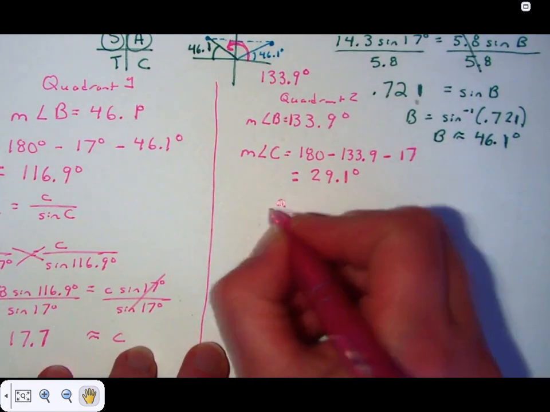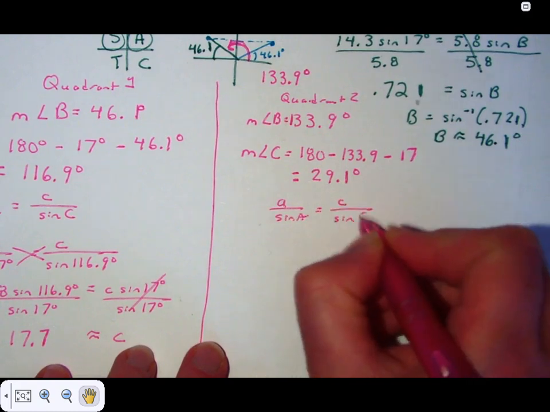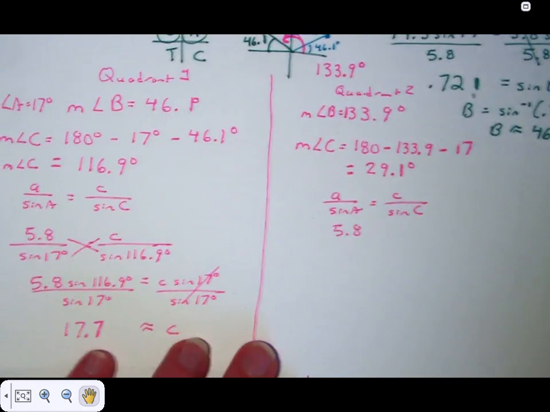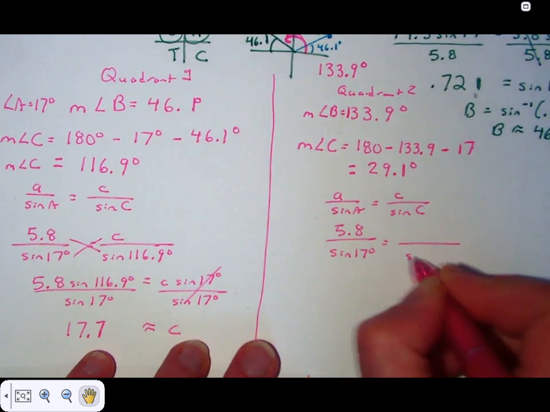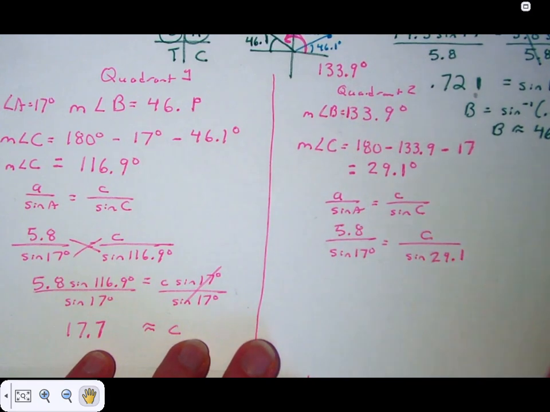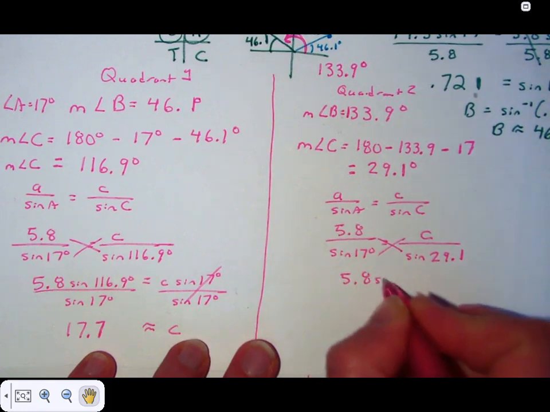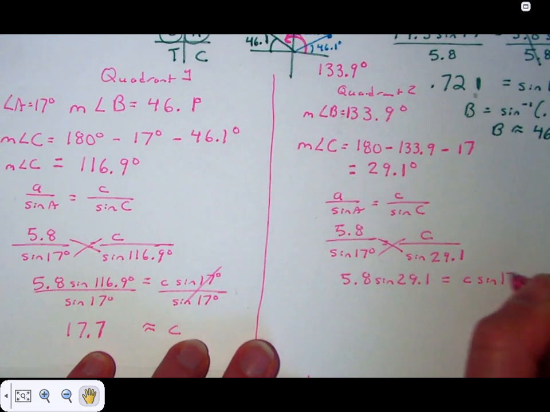Then we need to do the same thing, A over sine A. We now have a different C. So we've got to do the same thing we had on the other side. That's just going to match. But now we said that it could be that C is acute, so we just have to solve for that last part. So you have 5.8 sine of 29.1 equals C sine of 17, divided by sine of 17.